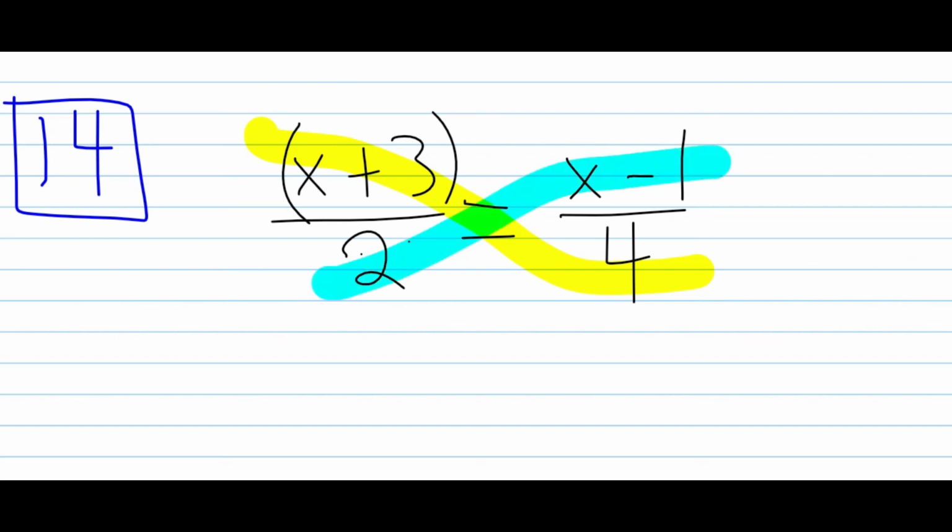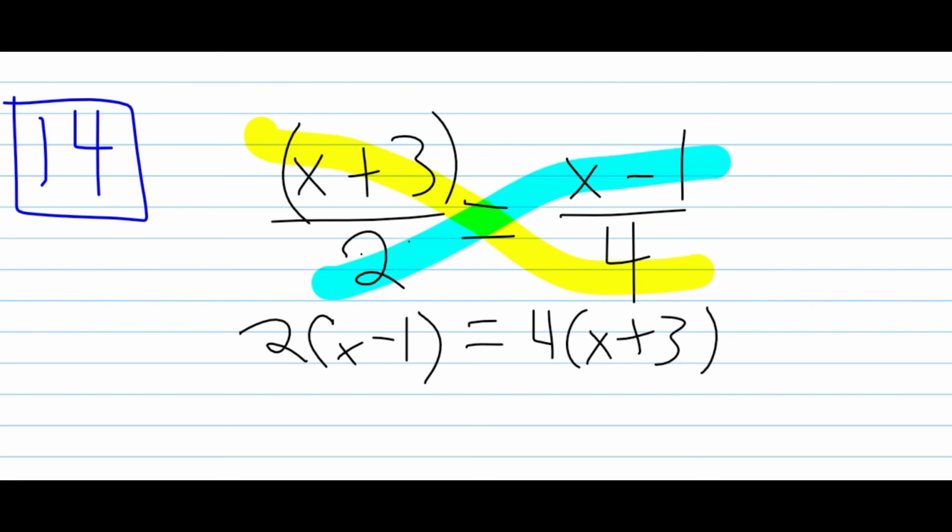So if we do that, I would get 2 times the quantity x minus 1, bring down that equal sign, and I would get 4 times the quantity x plus 3. So both ways, for both sides, we're doing distribution because there are quantities that are our numerators. So if I do the distribution, I should get 2x minus 2 equals 4x plus 12.